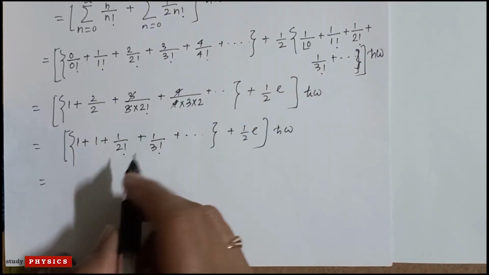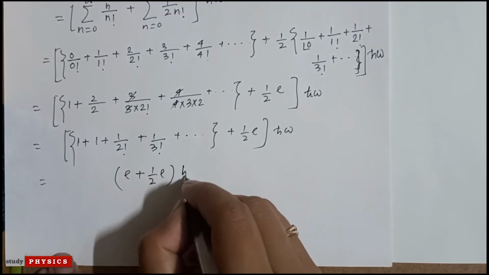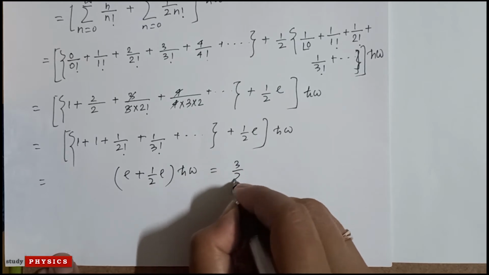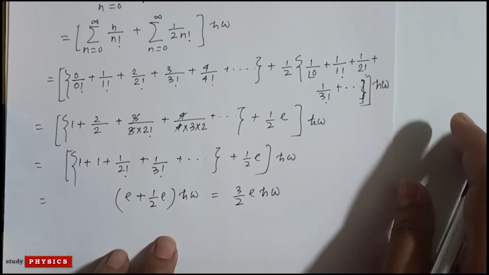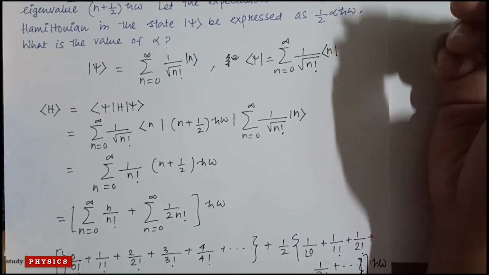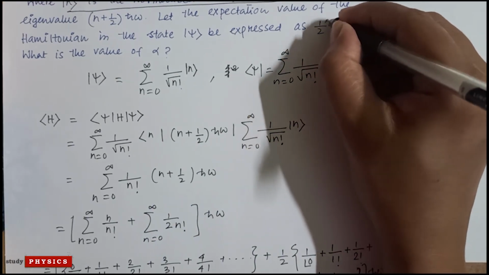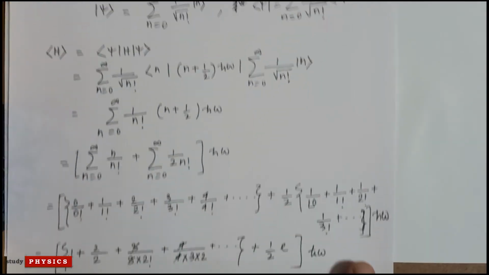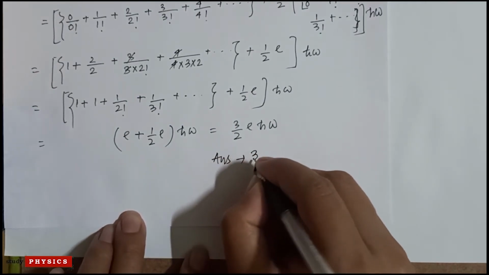So this is also e, so e plus half e h cut omega, so 3 by 2 e h cut omega. But the answer key is 3, so in this question maybe they have skipped the e part, so I think the answer is 3.